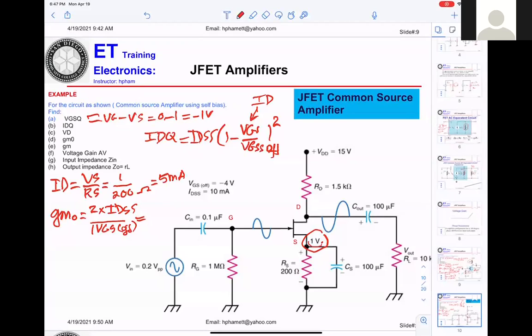I was thinking, since one way you're given 5 milliamps and the other way 5.6 milliamps, maybe add them together, divide by 2, and use the average. I believe you can use the formula IDSS times 1 minus VGS over VGS off, squared. That will be more accurate than the other way.